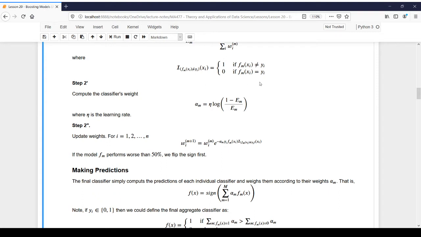Now let's suppose we're in the other situation where the model does really poorly. Say, for example, f_m misclassifies 70% of the training data. Then before you update the weights, what you do is flip the sign of your model. Why do you want to do that? Well, think about it.